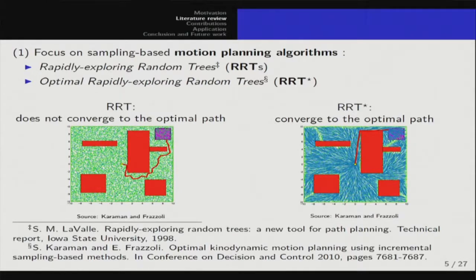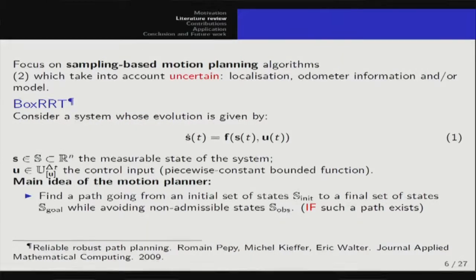Okay, but we also want to take into account the uncertainties. Why? Because we want to have a reliable motion planner. This kind of idea was already proposed by Pepi, and the name of the motion planner is BoxRRT. Box because the location uncertainties are taken into boxes, into intervals.